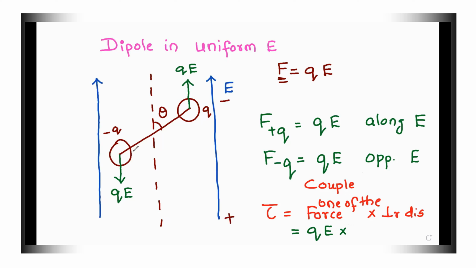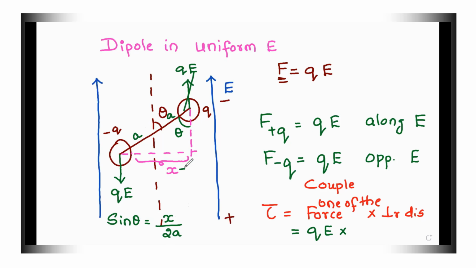We need to drop a perpendicular from the first charge and from the second charge, and this is your perpendicular distance x. By geometry, we understand that if this is theta, this is also theta. This is the dipole length 2a. So in this triangle, what is sine theta? Sine theta is equal to the opposite side divided by the hypotenuse, which is 2a.